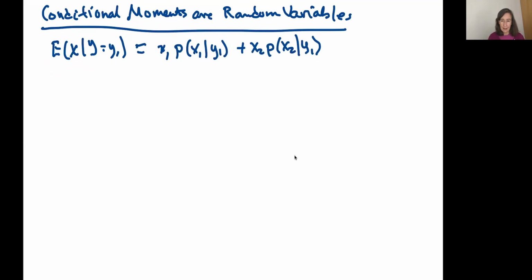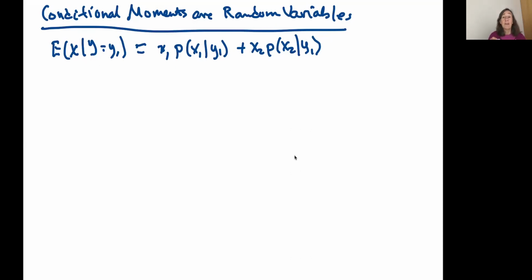And if I calculate the expected value of x conditional on y2, that's also a number. And what determines whether we have the first number or the second one? Oh, it's random. It's determined by which value of y takes place. So these conditional moments are functions of the conditioning random variable, and they are themselves random variables.